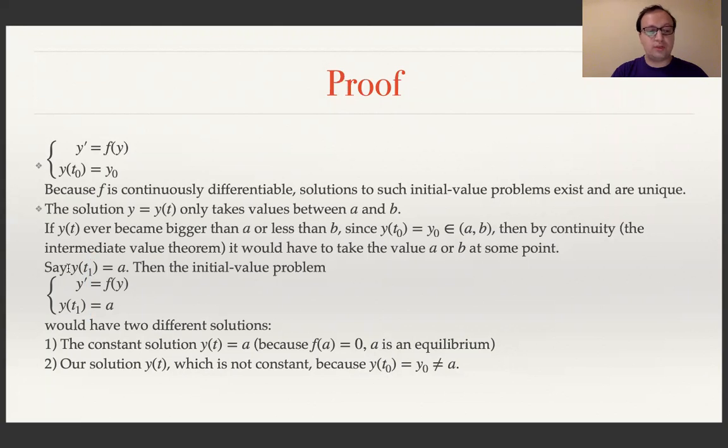So y of t1 is equal to A. Then let's consider the initial value problem y prime is equal to f of y, and y of t1 is equal to A. This initial value problem then would have two different solutions. One of them is the constant solution, y of t is constantly equal to A. Because A is an equilibrium, this means that y of t equal to A is a solution of the ordinary differential equation.